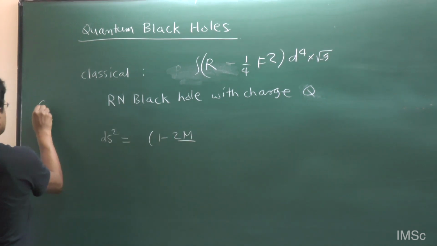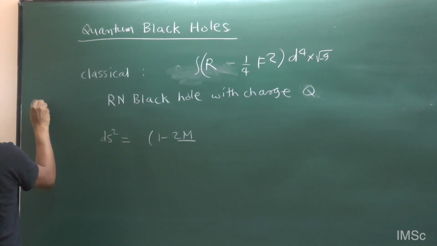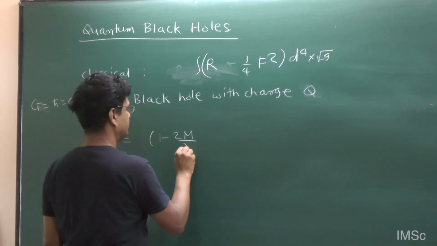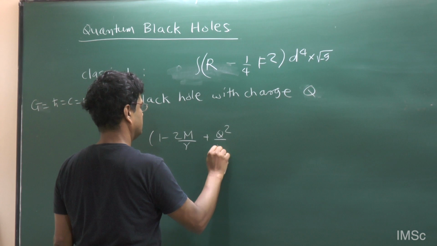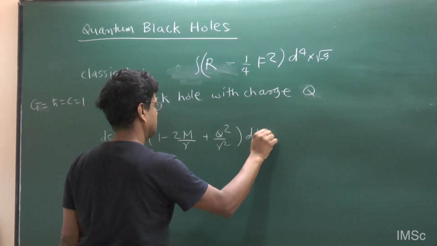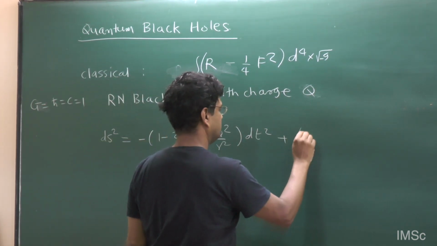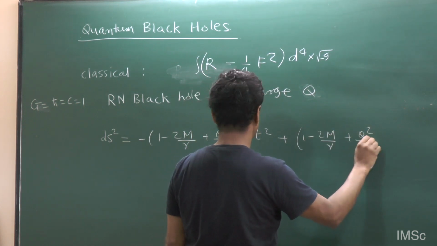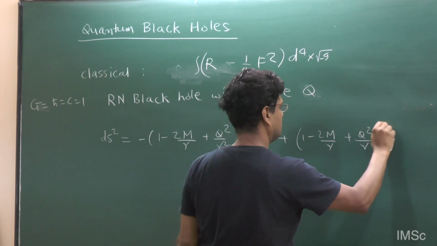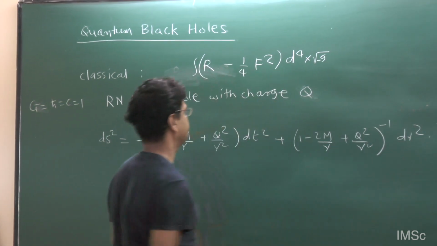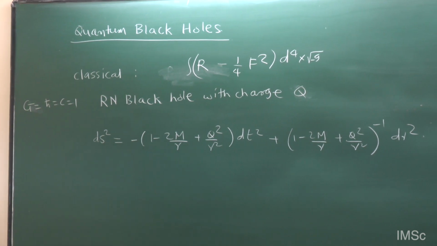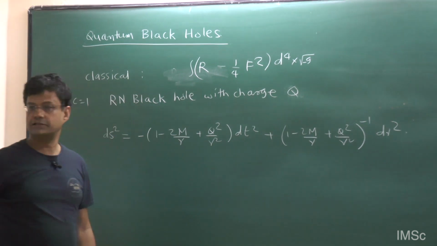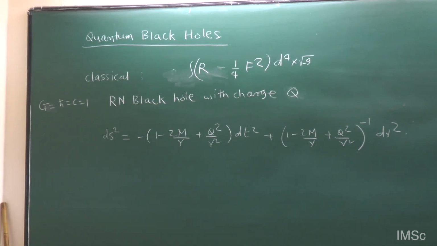I'm going to set G equal to ħ equal to c equal to 1. This is a well-known, famous solution. If you put Q equal to 0, this is the Schwarzschild solution.